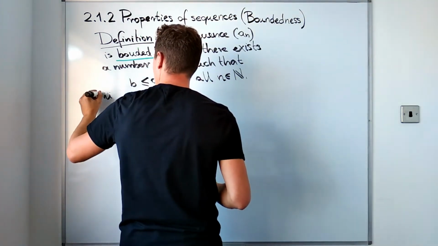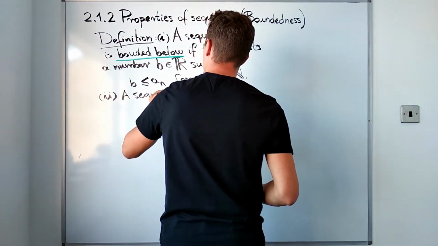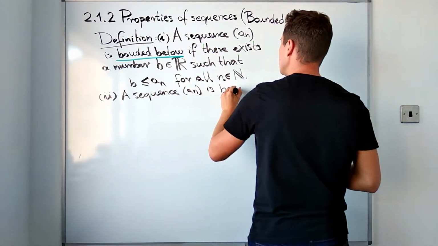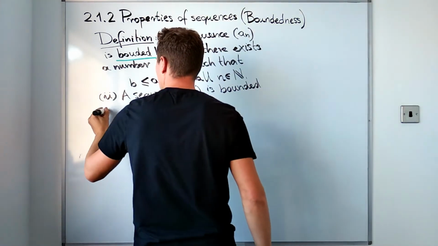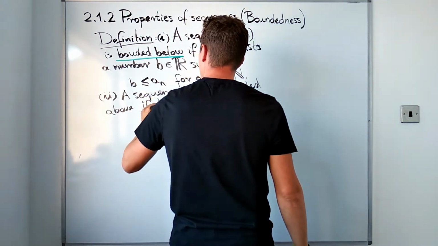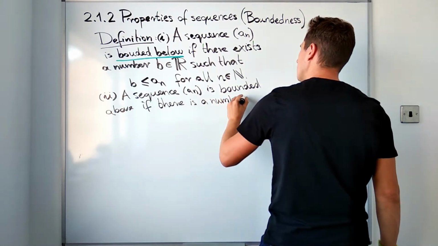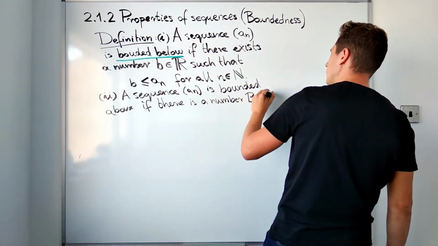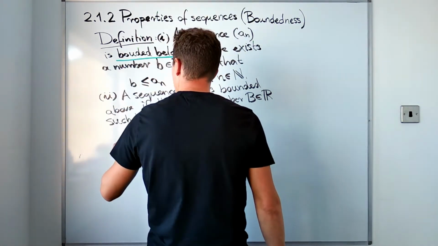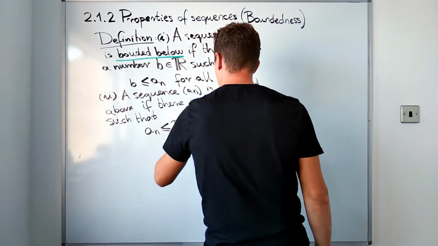Similarly, a sequence can be bounded above if there is a number, let's call this one capital B, some real number, such that the nth term of the sequence is less than or equal to capital B for all indices.